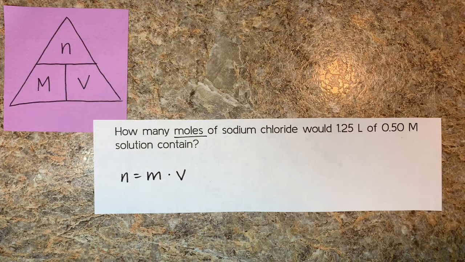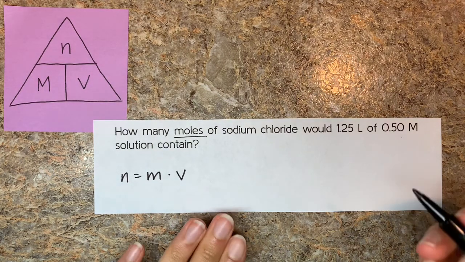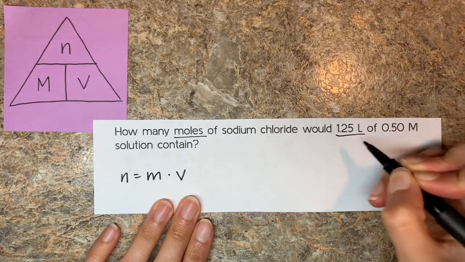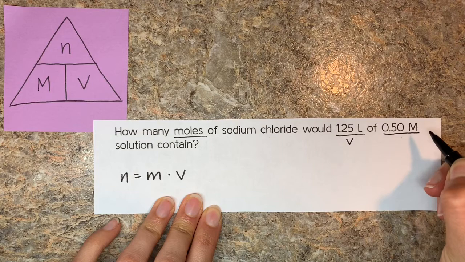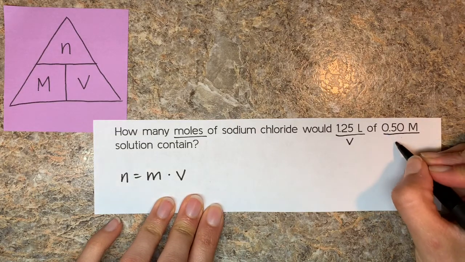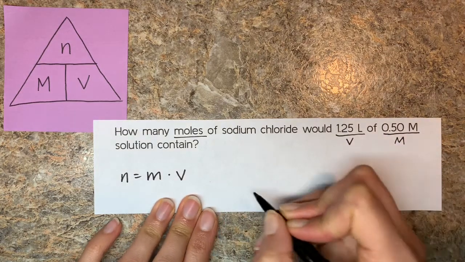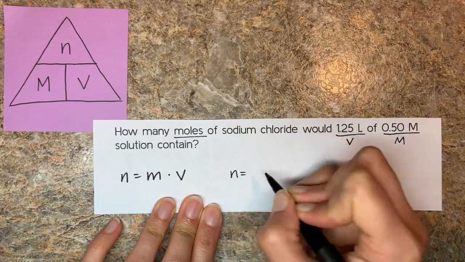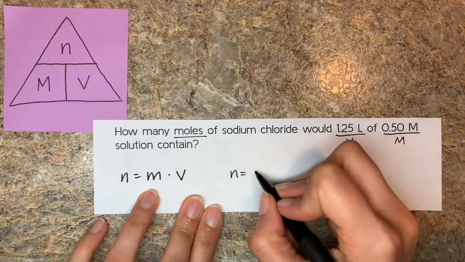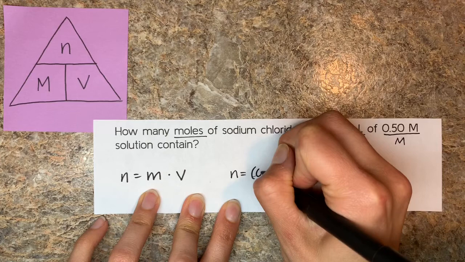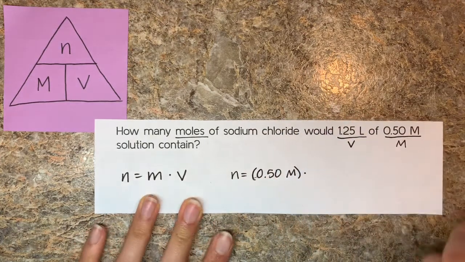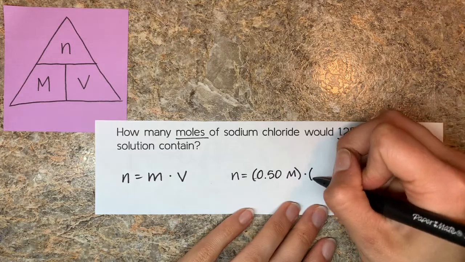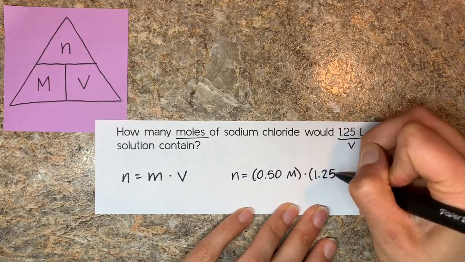Next, I'm going to go through the problem and put numbers into this equation. So this 1.25 liters is equal to V, and this 0.50 molar is equal to my M. So N is equal to my molarity, which is 0.50 molar, times my volume, which is 1.25 liters.